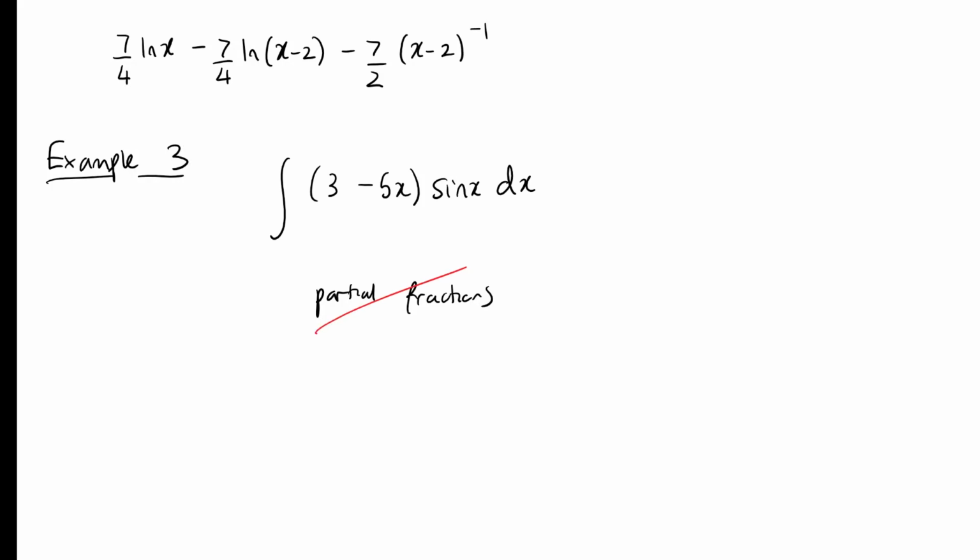One part of the integral is not related to another part of the integral by differentiation, so it's unlikely that we'll use substitution. And in fact, we definitely won't, because this also isn't a fraction that can have its denominator simplified by making it u.